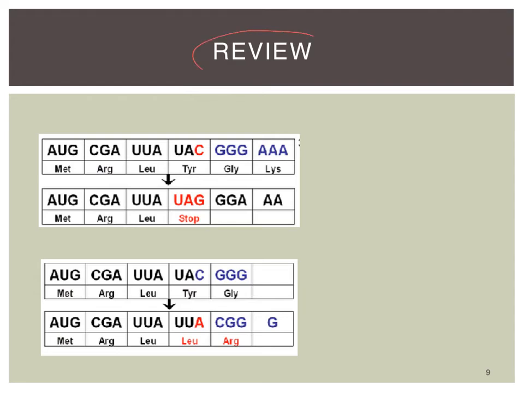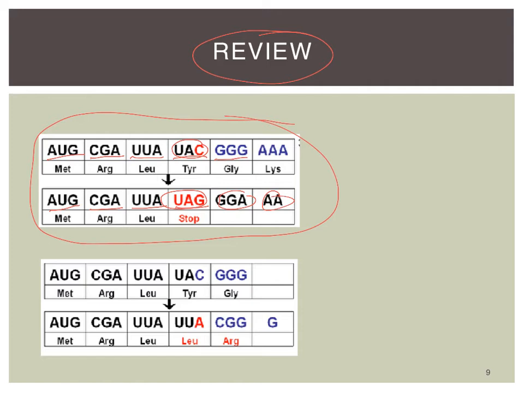So just to review what we've done so far, this first example is showing you a sequence of messenger RNA. So we have AUG and AUG, CGA and CGA, UUA, UUA, all the same so far. UAC, UAG. So these are different. GGA and AAA are the same. So what happened here?